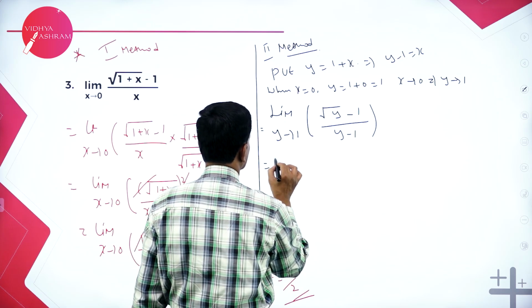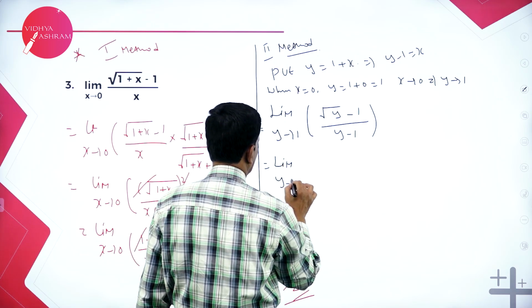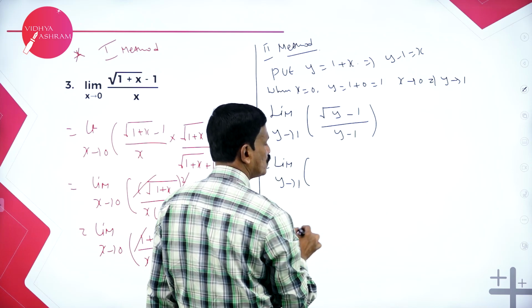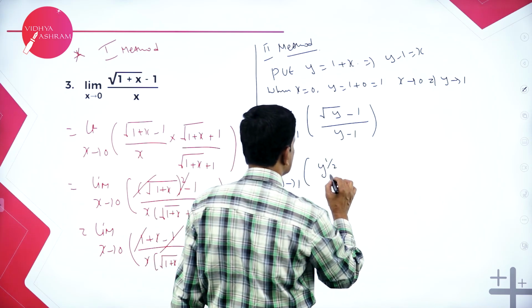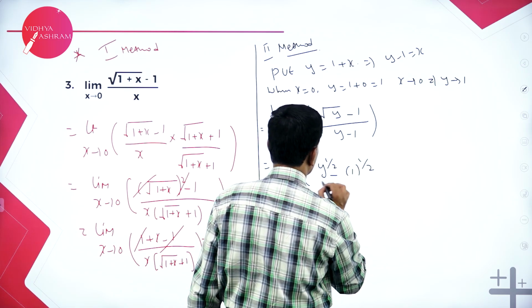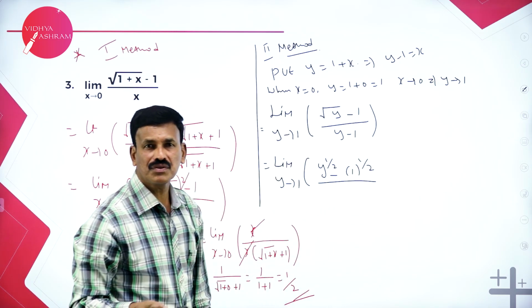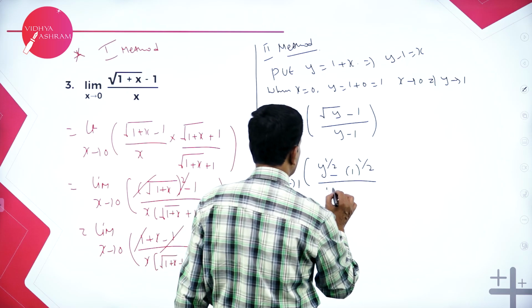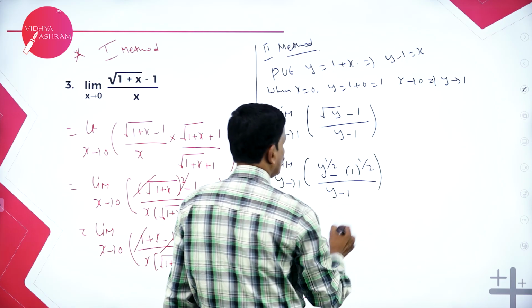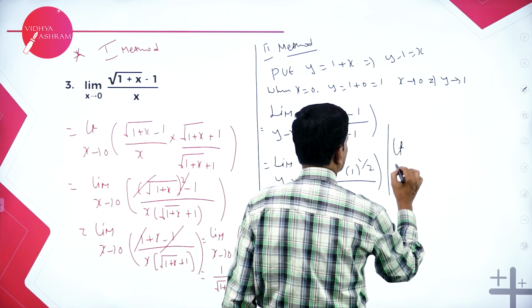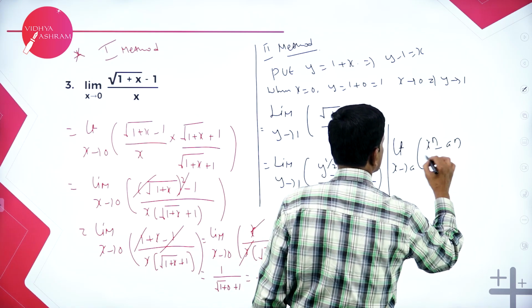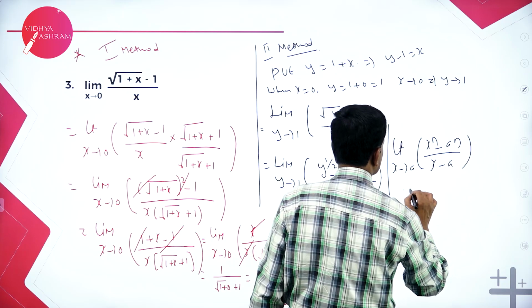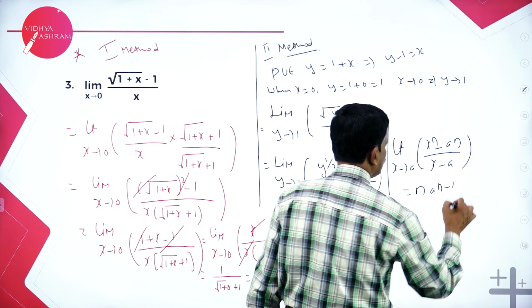So this can be written as limit y tends to 1 of root y, which can be written as y to the power of 1 by 2, minus 1 can also be written as 1 to the power of 1 by 2, root of 1 is 1 itself, divided by y minus 1. If you observe carefully, this is of the form limit x tends to a of x raised to n minus a raised to n by x minus a, which is equal to n into a to the power of n minus 1.